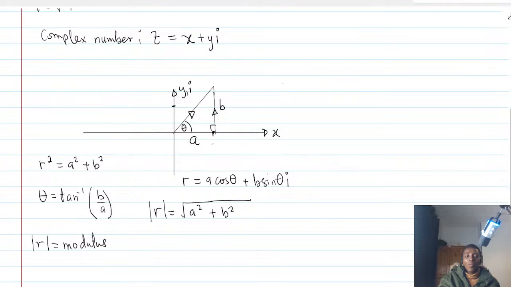All right, so this is what we call the modulus, and then theta is equal to the argument. All right, so then we have got our modulus and then we have got our argument. All right, so now let's continue.